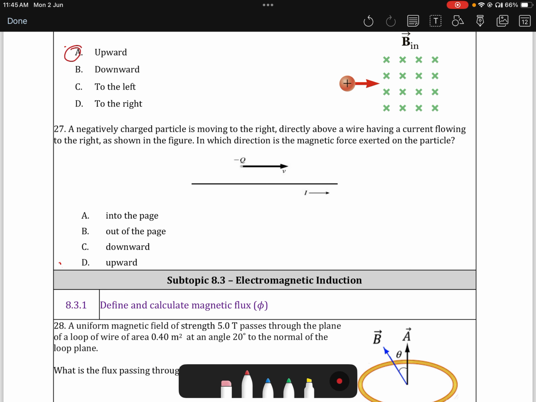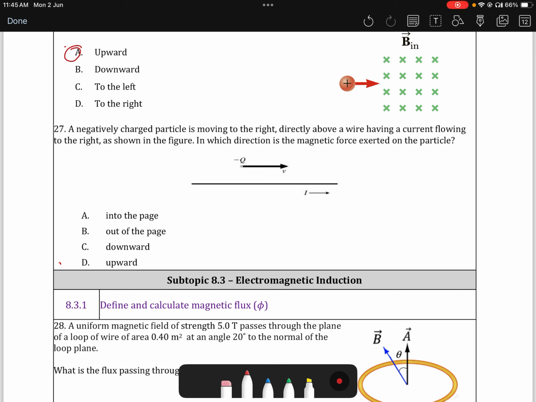Next question, please read it. Now, here we are talking about the force exerted on the particle. This particle is moving in a magnetic field. Where is the magnetic field? The magnetic field is caused by the current in the wire. This current in this wire is inducing a magnetic field, which will affect the moving charge with a force.